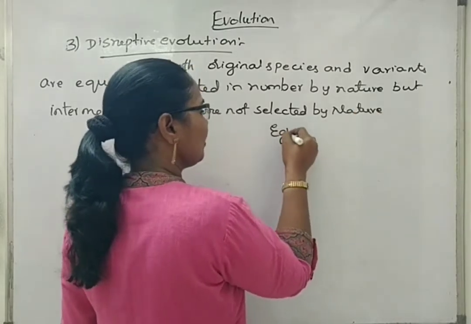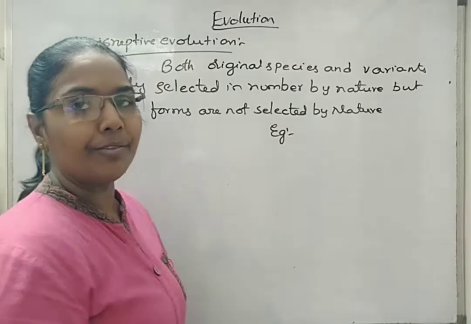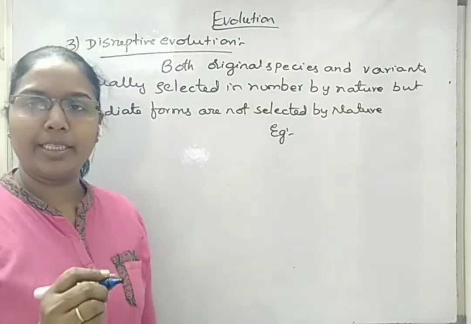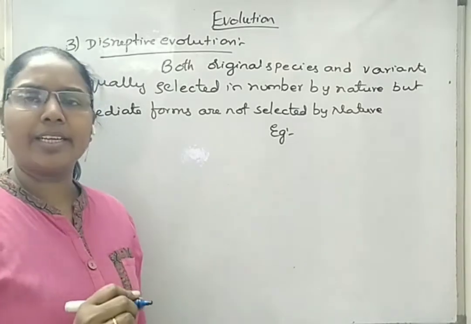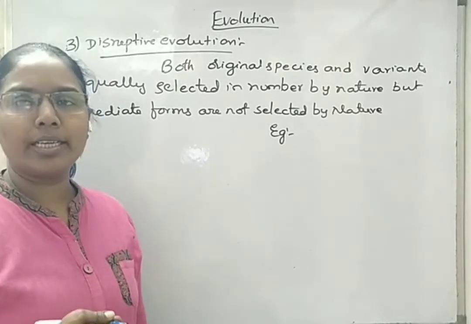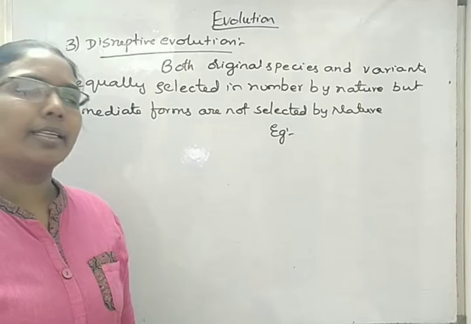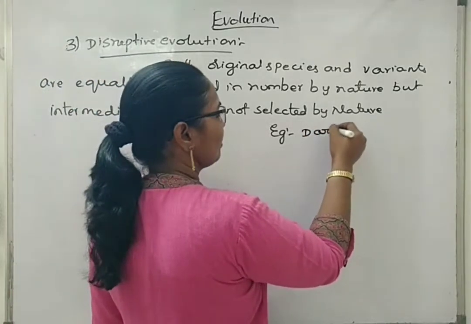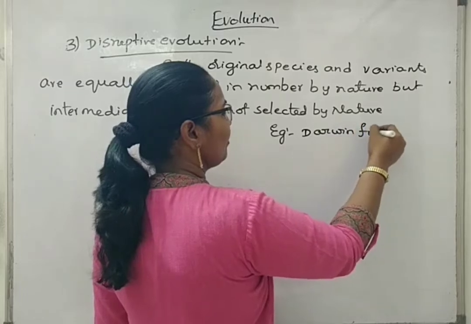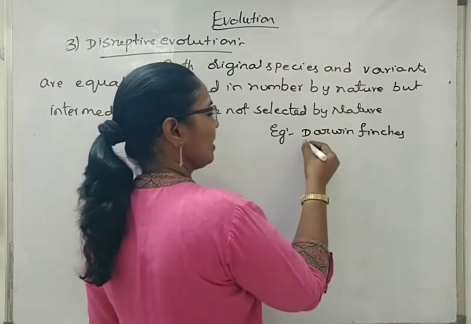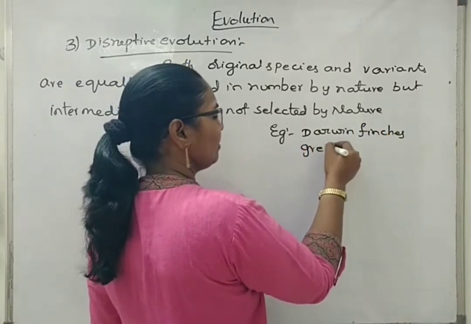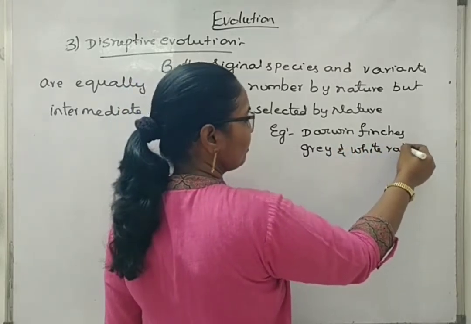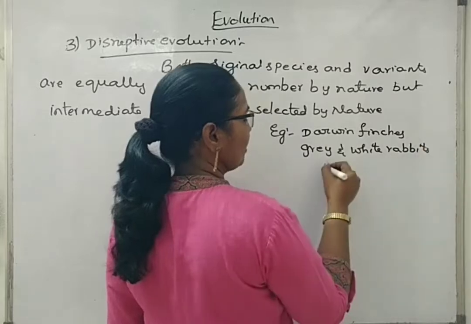Here we can take one example like Darwin finches. Though organisms have modified their beak into different shapes, all the varieties are maintained approximately equal in numbers. Darwin finches. Next, grey and white rabbits in Himalayas.